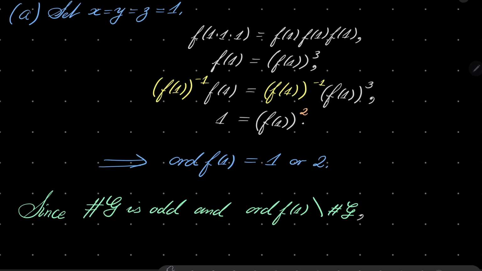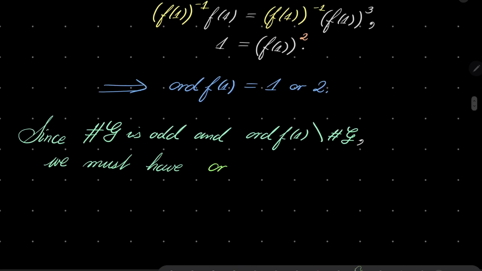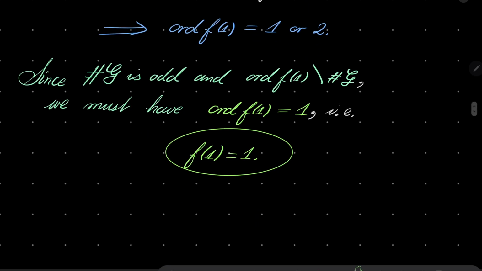We must have the order of f(1) equals 1, which of course means f(1) equals 1. Very well. f(1) equals 1, so the first condition for being a morphism of a group is satisfied.